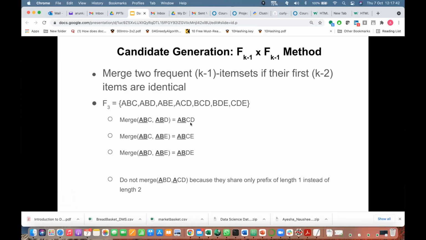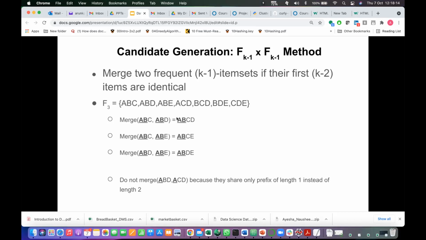So now tell me how many subsets you can find from ABCD. You can find ABC, ABD, ACD, then BCD. 4 subsets of length 3 you can find, right?